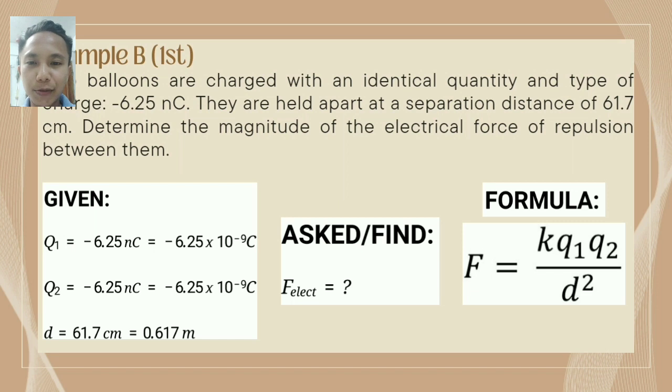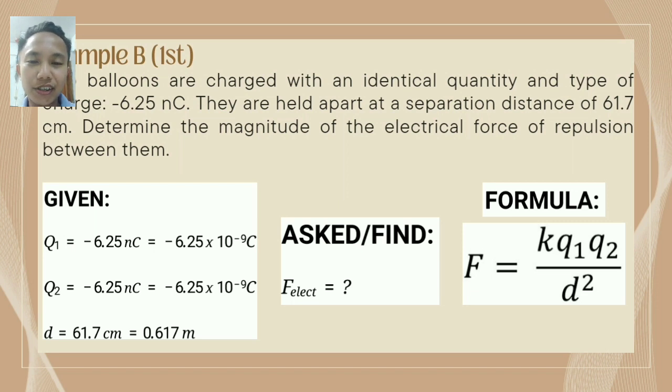Now, anyways, let's proceed to the given variables. Under the given in GAPSA, or the given, formula, solution, and answer, our initial and final quantity of charge has a value of negative 6.25 nanocoulombs, which is converted into coulombs, and that will be equal to negative 6.25 times 10 to the power of negative 9 coulombs.